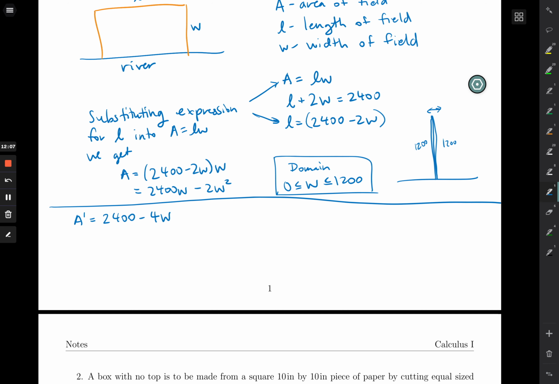If we want to solve for the critical points, we will set this derivative equal to 0, and we would get 2,400 equals 4W, and then our solution would be 600. That's our only critical point.